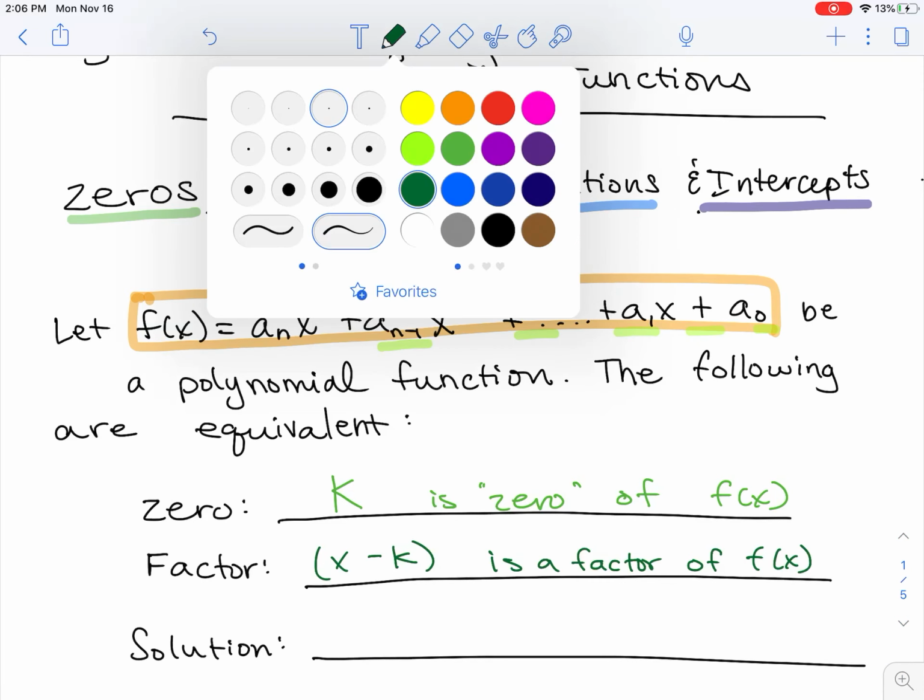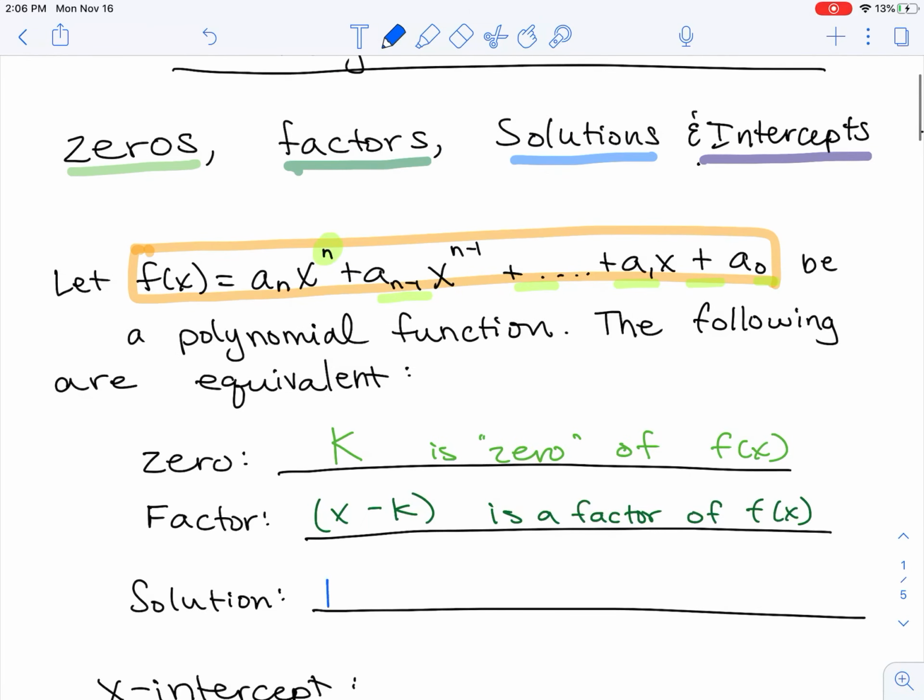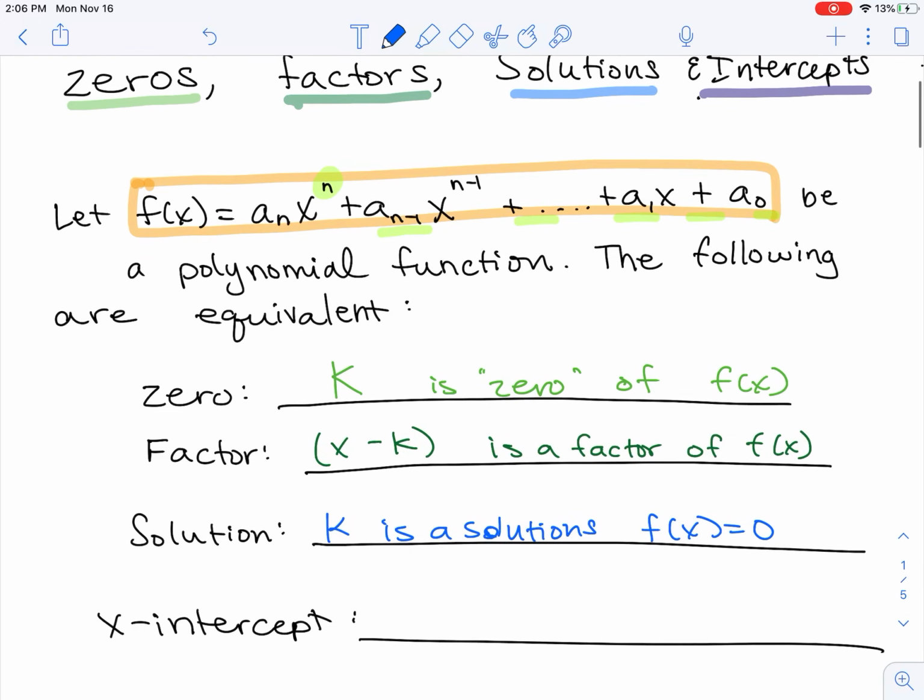A solution is the value of k that solves the polynomial equation f of x when it's set equal to 0.